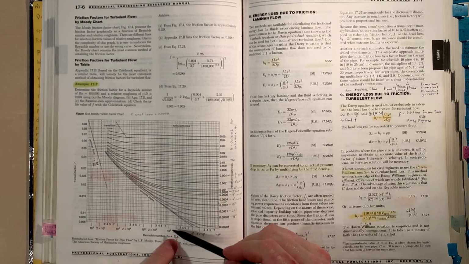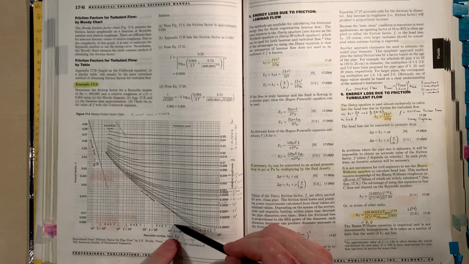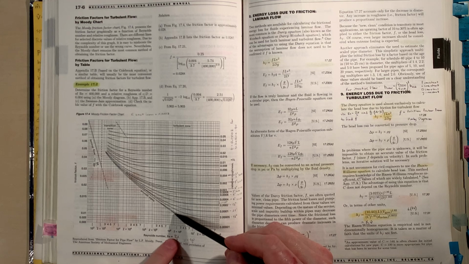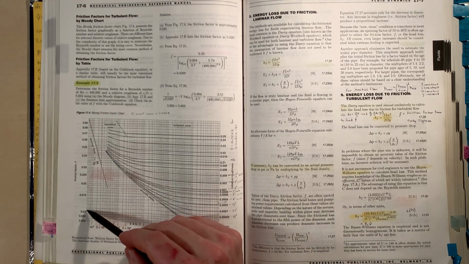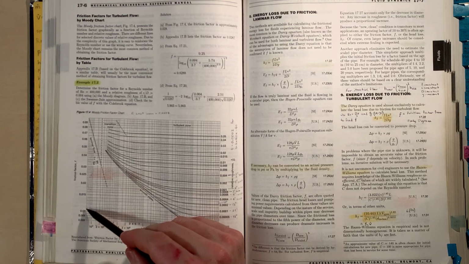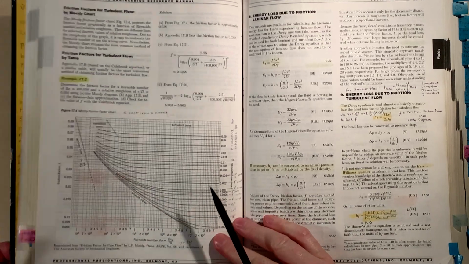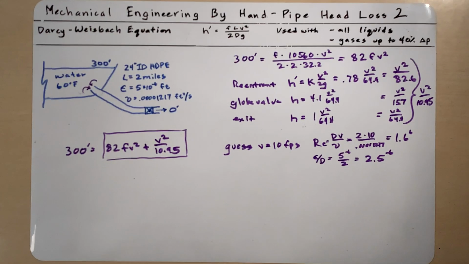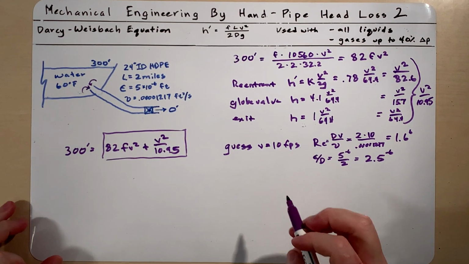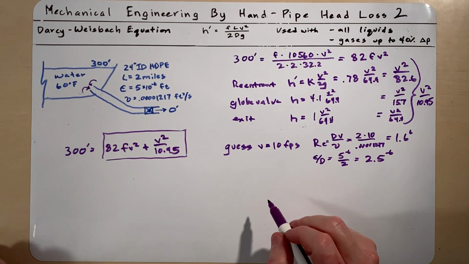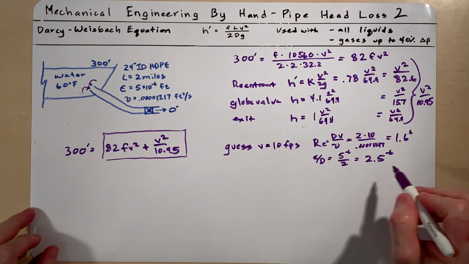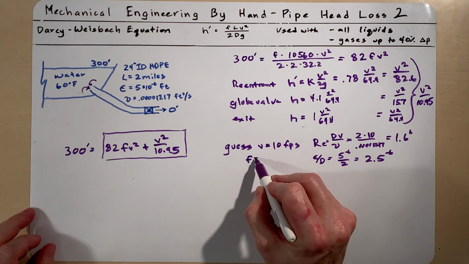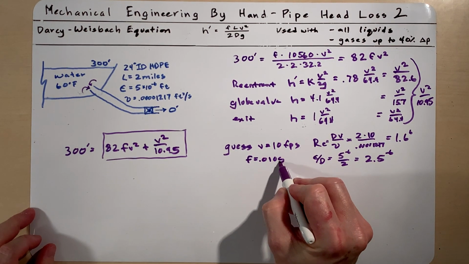So we'll go up to where 1.6 and that line cross and go over, and it looks like that would be 0.0105 for the friction factor. So we'll use that. Okay, so for this guess, F equals 0.0105.